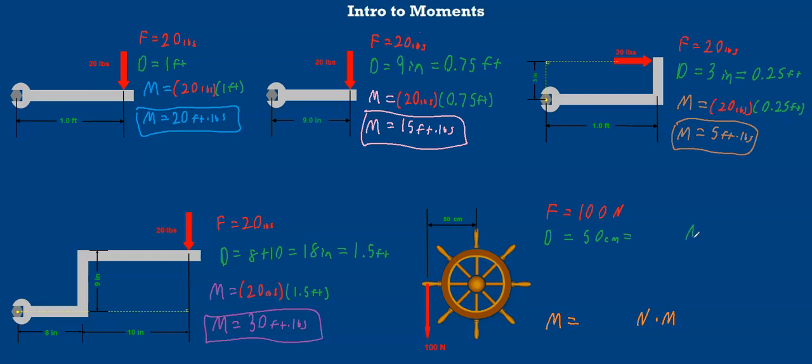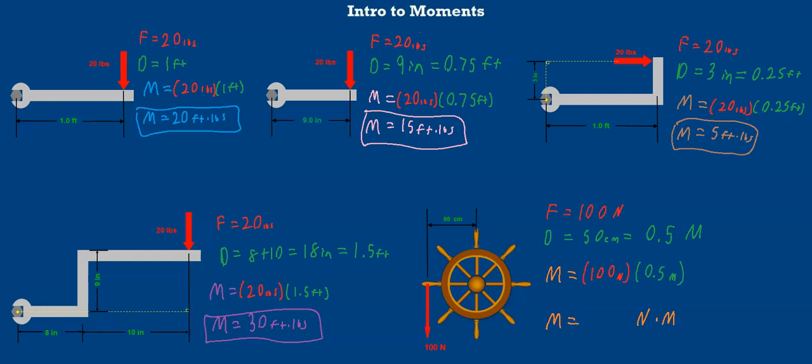And so the question becomes, well, how many meters is this? And well, if you say there's 100 centimeters in a meter, well, 50 is half of 100. And so we can assume that this is 0.5 meters. But from there, we can go ahead and solve for our moment on this wheel. And we say, okay, it's 100 newtons multiplied by our distance, which is half a meter, or 0.5 meters.